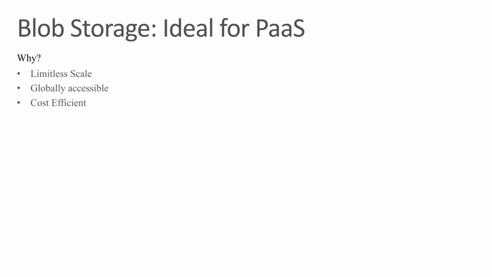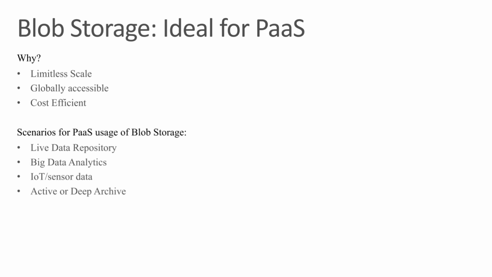If you look at why it's ideal, number one, there's limitless scale within blob storage. You're not limited by the size of a VHD. It is literally limitless: it's as much storage as Azure can handle, and it's fully accessible all throughout the globe. It's also some of the cheapest storage that's available. Here are some examples of where it's most commonly used: live data such as video feeds, big data, sensor data, or backups and archives that we want to go back and look at.